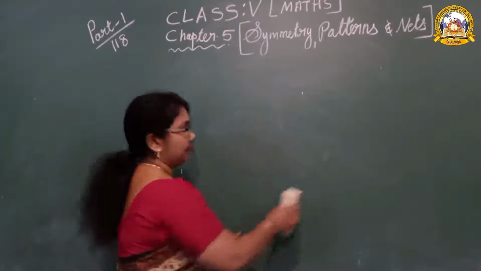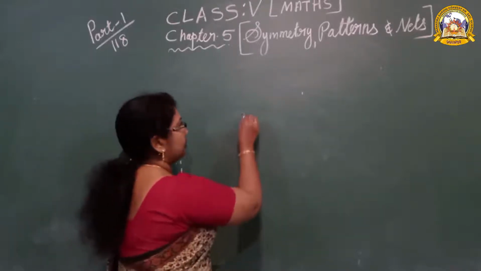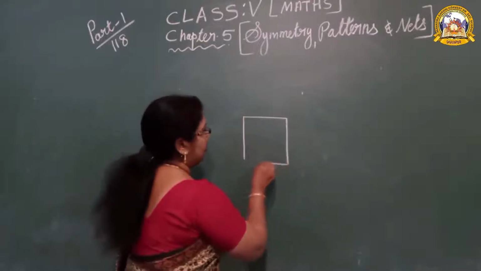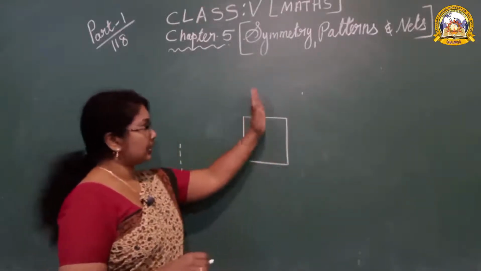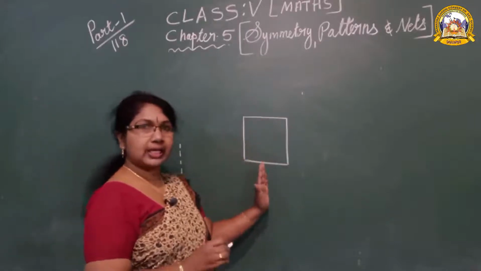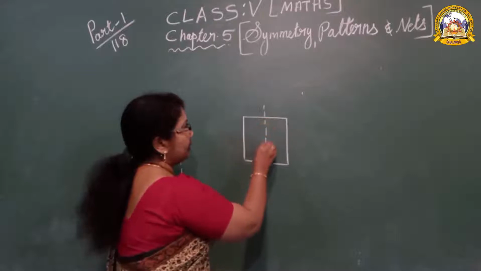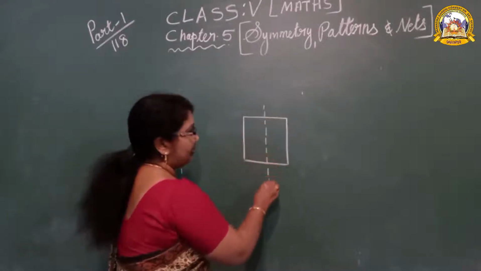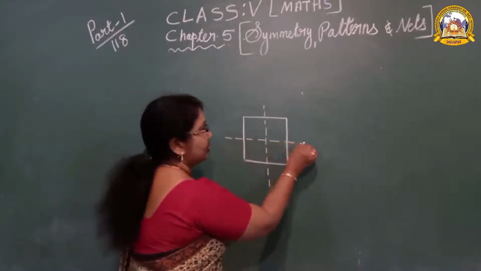For example, yes, look students, it is a square. While you are drawing the symmetrical line, you should use the scale. Now you can make like that, no? It is a symmetrical line. If you can draw like that, it is also a symmetry.